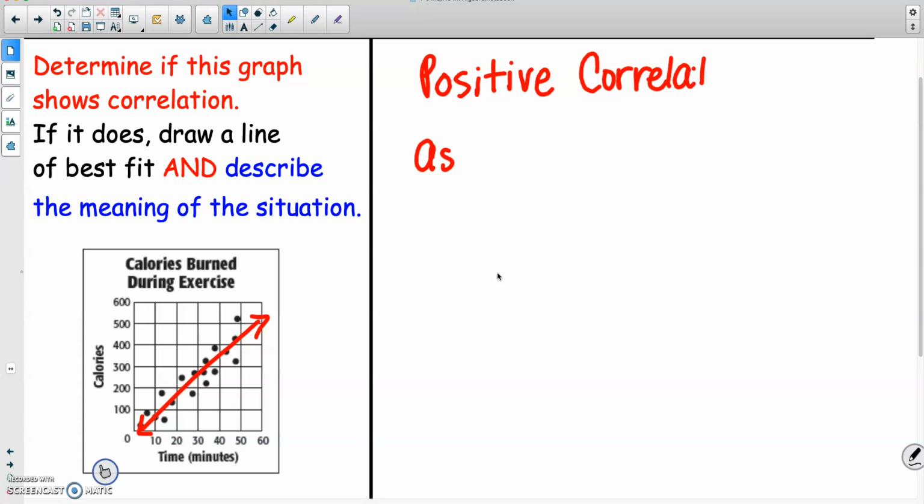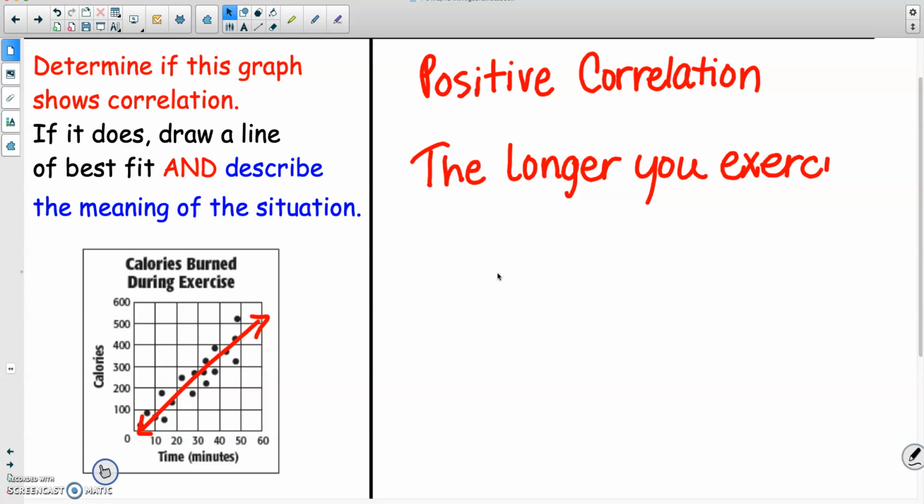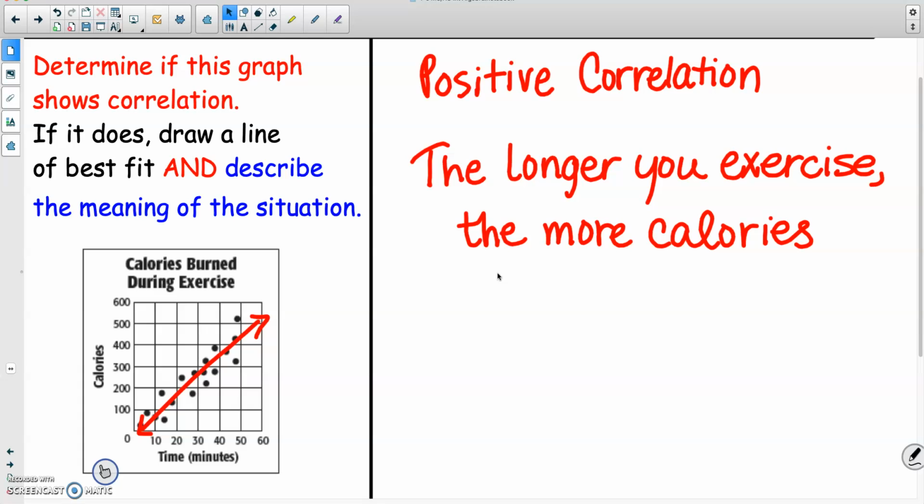And then the meaning, the longer you exercise, the more calories you burn. Remember, with positive correlation, as one variable increases, so does the other one. Okay, so positive correlation there.